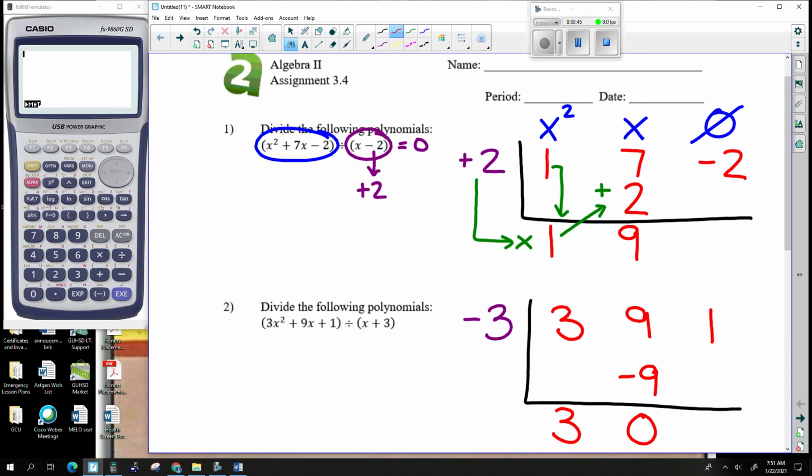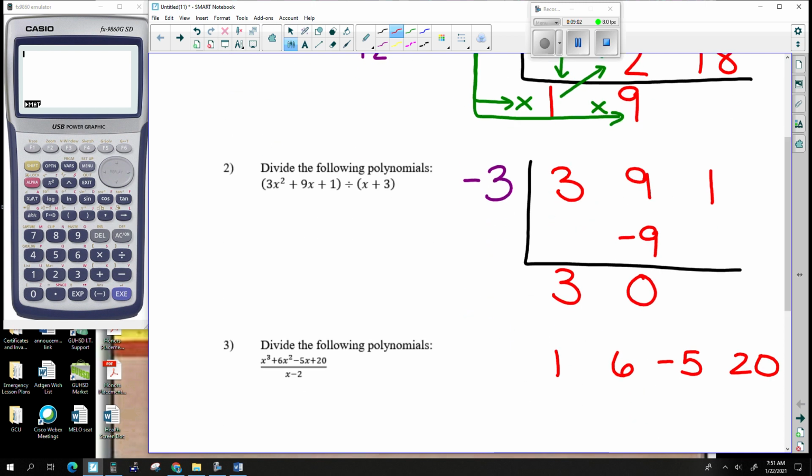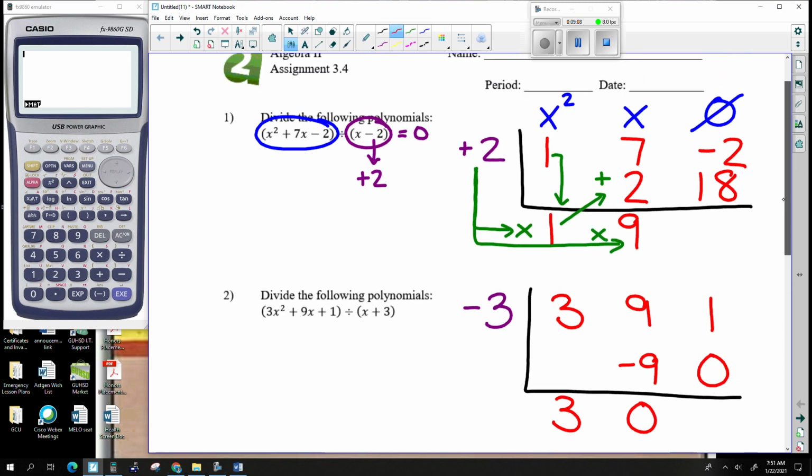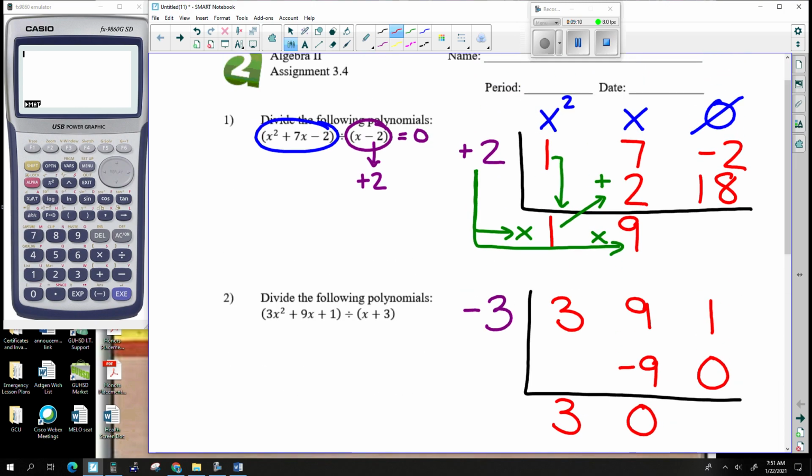So I multiply the outside and I add the inside, and then I repeat the process. So now I have 2 times 9. You always use that outside number, so this is going to be 18. So here I have -3 times 0. And then again, you add these insides.